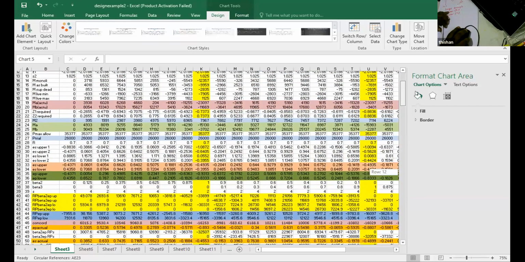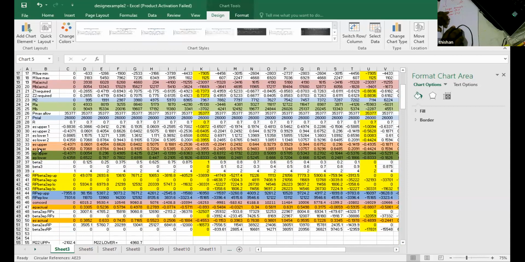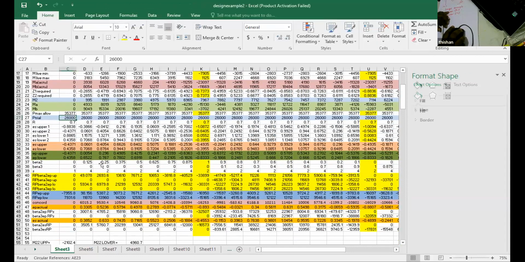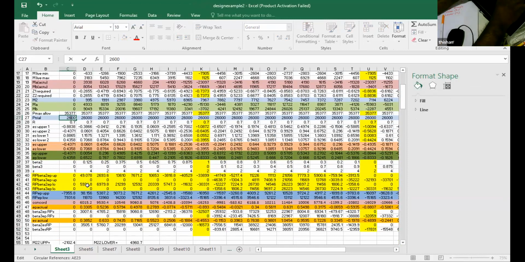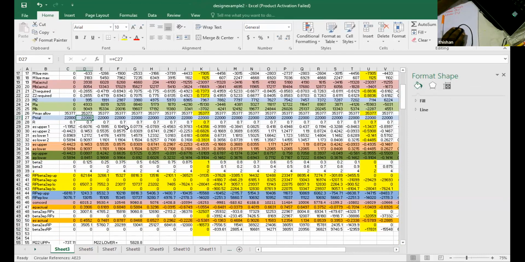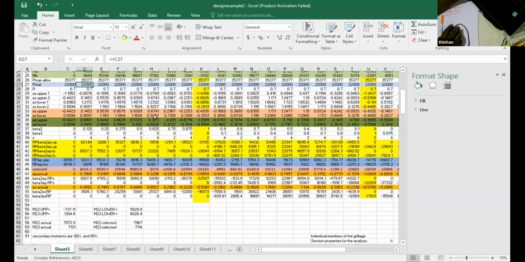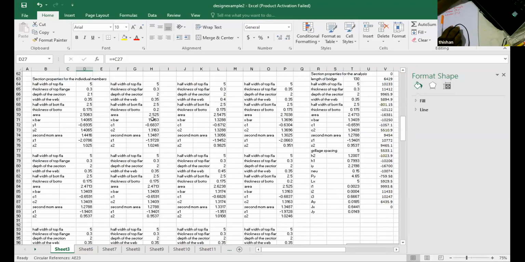Now you can see we have EP upper, EP lower, and here we have this, so I can try any value. Let's say I try 22,000, and now everything has changed. And when I try 22,000, you can see, look at the ES profile.